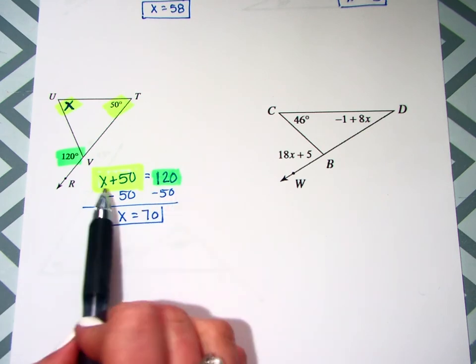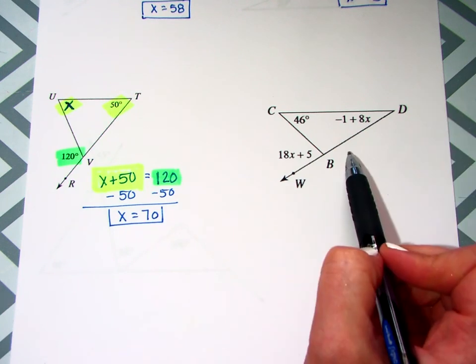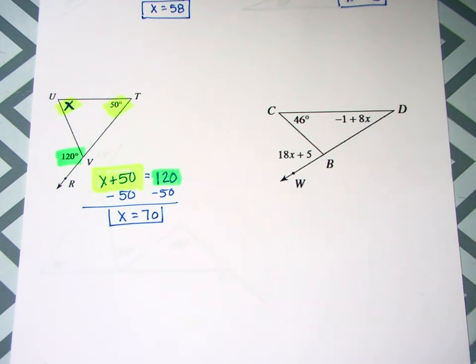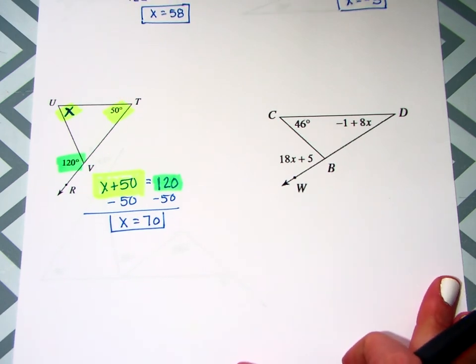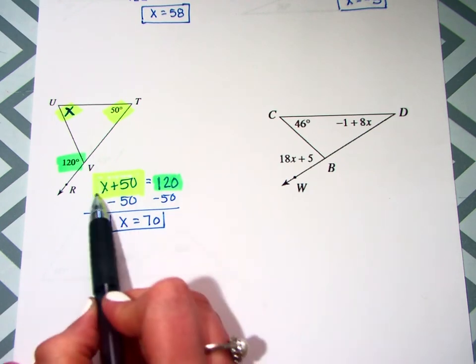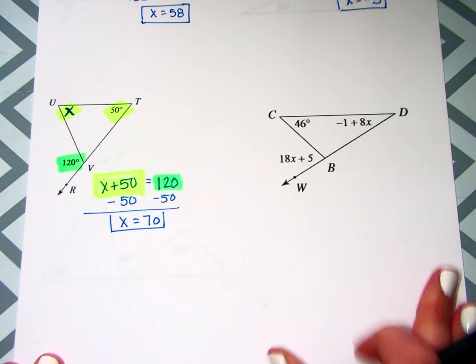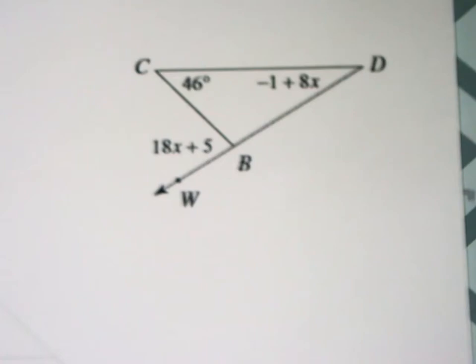If you just take the time to write it down when the question is easy, when the question is more difficult, like the second one, you have the skills and knowledge to be able to set the problem up correctly, which is half the battle, because creating the equation is the geometry part. Solving it is algebra. So you need to add this geometry part to your problem to help you understand the theorems. So let's try the next one.